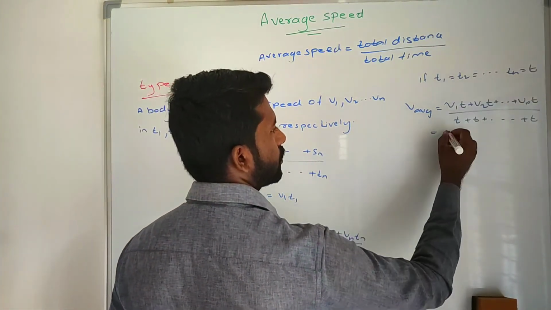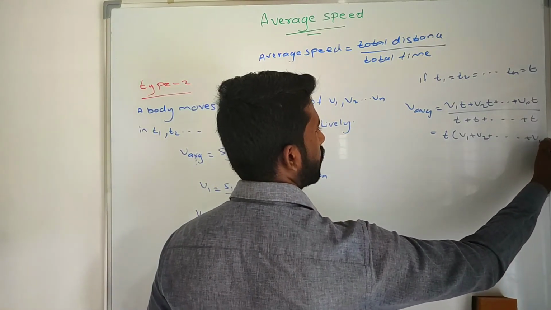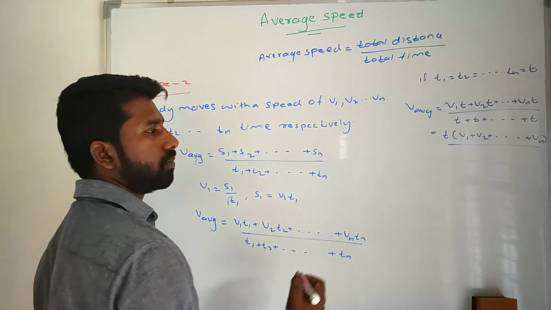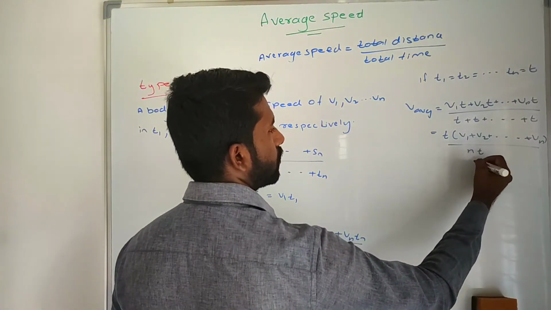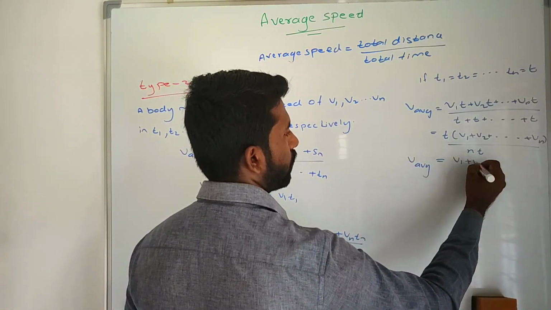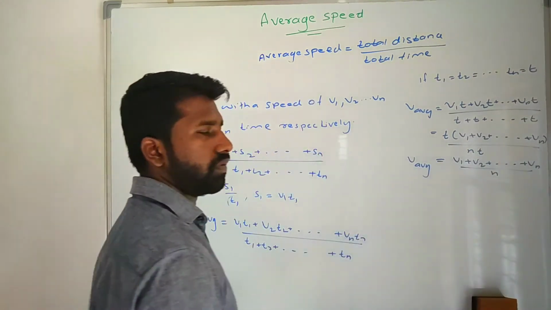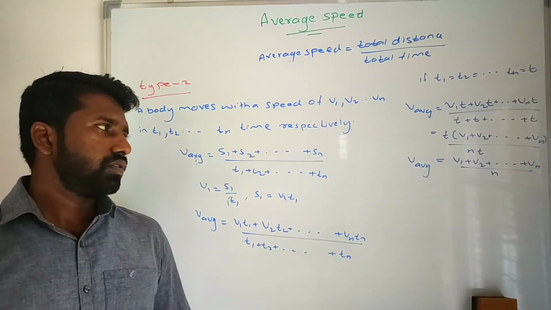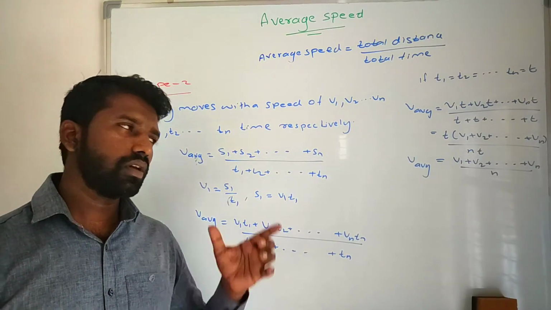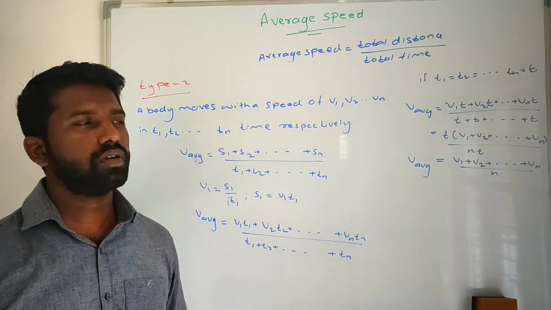From this you can take T outside: V1 plus V2 up to Vn, and T plus T plus T, N times, is N. T and T cancel. So V average is equal to V1 plus V2 up to Vn divided by N. So if the times are equal, the average velocity is equal to the sum of the velocities divided by the total number.